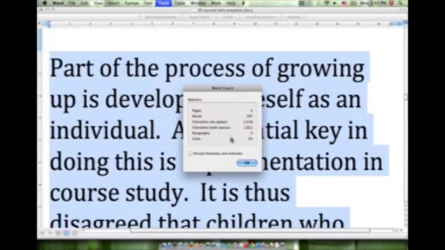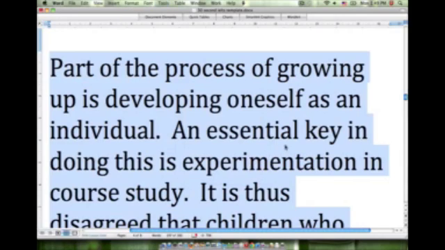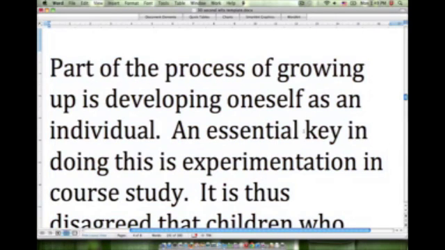297 words, which is probably a little bit longer than we'd ideally want. I think we're shooting for maybe around 280 or even 270, but it's all right. It's not too long. Part of the process of growing up is developing oneself as an individual. An essential key in doing this is experimentation and course study.